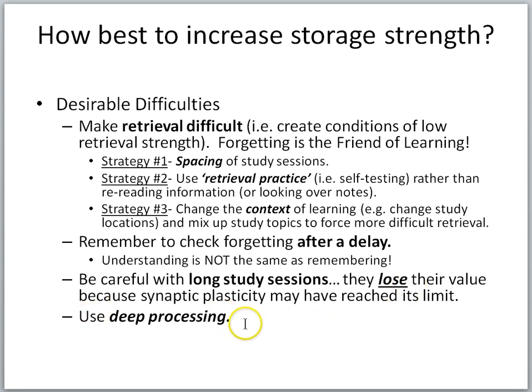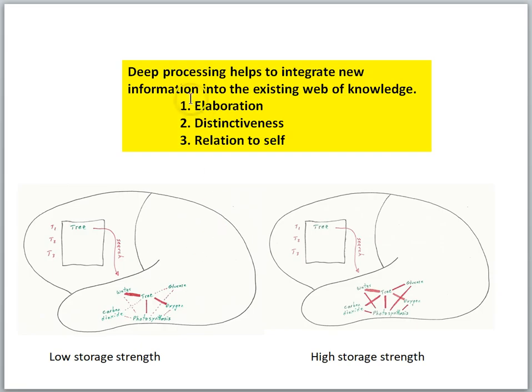And then finally, lots of psychologists argue that whatever you're studying, you want to use techniques that facilitate deep processing of the information. Now, what is deep processing? Well, deep processing helps to integrate new information into the existing web of knowledge. You'll recall here, this individual on the left, the concept photosynthesis is not well stored and it's not well integrated. Well, one way then to learn about photosynthesis is to use deep processing techniques where we're going to elaborate.